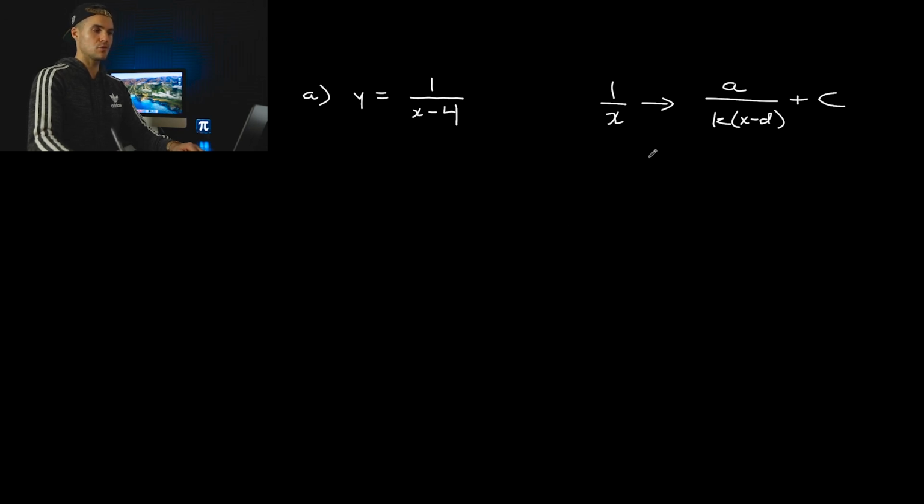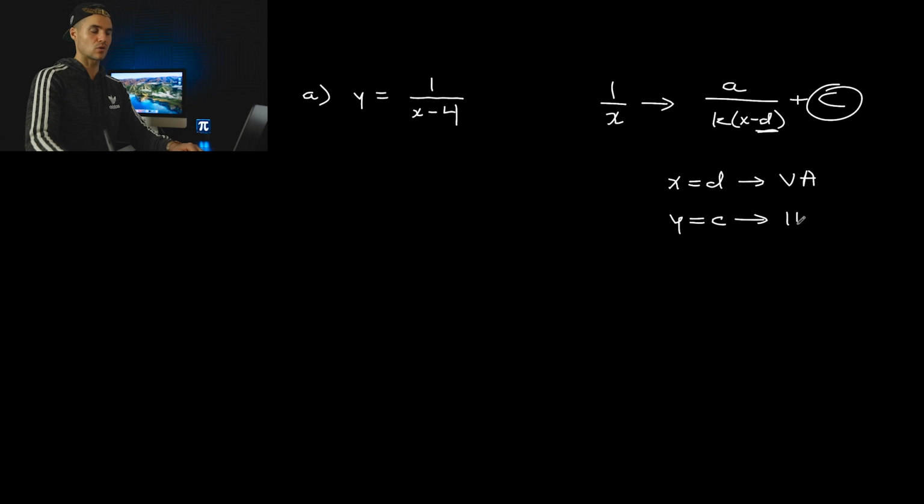But if you remember from grade 11, the d value, that's always going to be what? The vertical asymptote of a rational function 1 over x that gets transformed. And then the c value here, y equals c, that's always going to be the horizontal asymptote, and that's going to be super important for finding the domain and range. So notice in this case, the vertical asymptote is happening at an x value of 4.